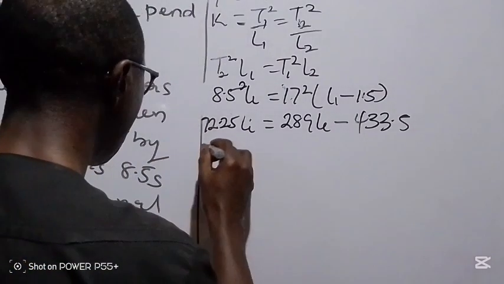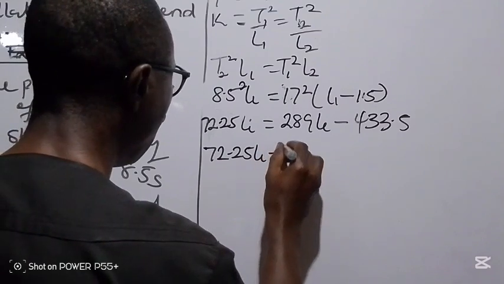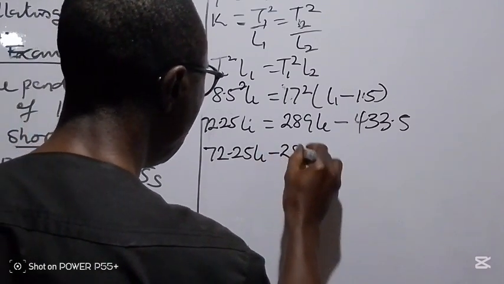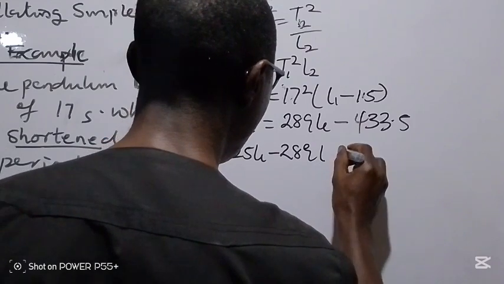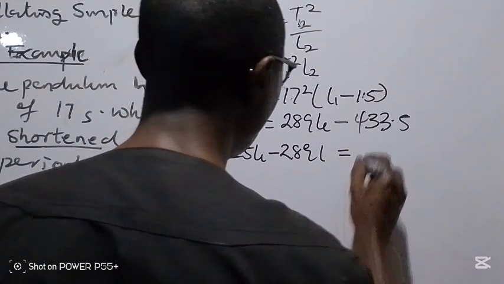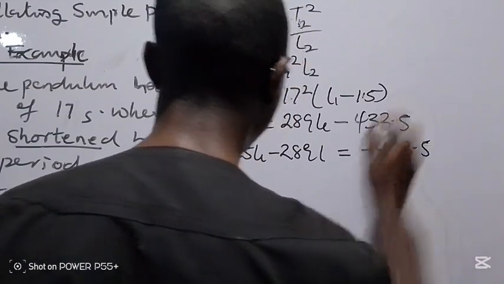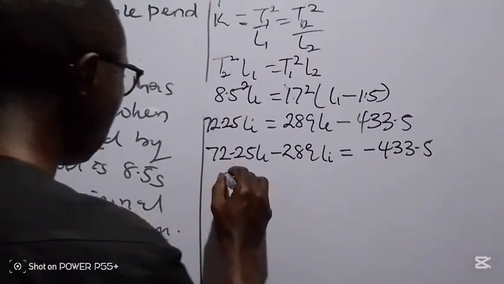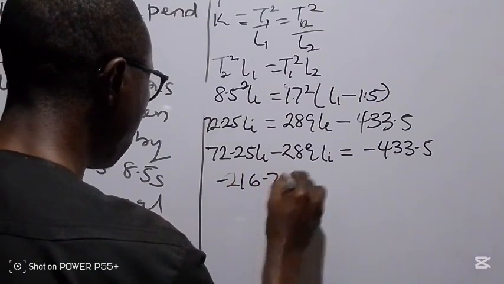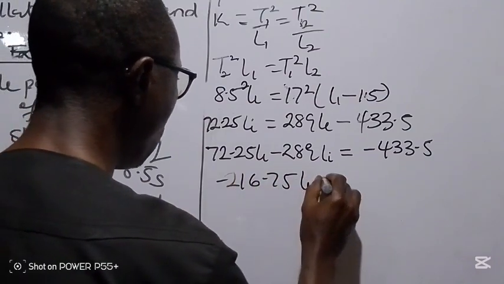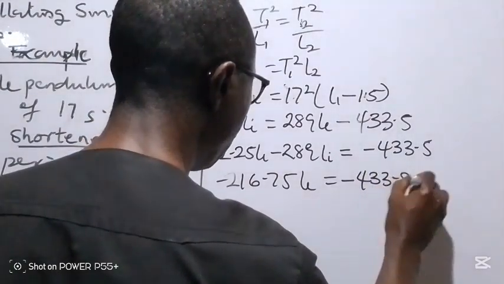So let's collect the like terms. This one will go to 72.25 L1 minus 289 L1, equal to minus 433.5, equal to minus 216.75 L1, which is equal to minus 433.5.